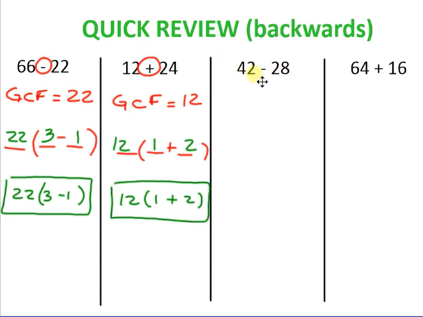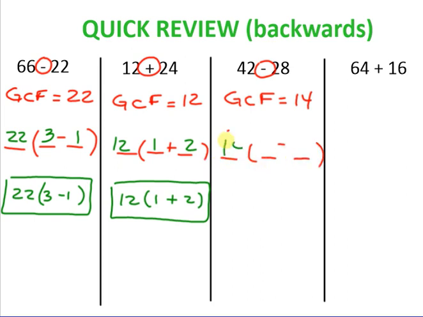All right. Let's take a look at our next one. 42 minus 28. So we need to find our GCF. You would think it's 7, but it's actually not. It's going to be 14. And if we made our factor trees, we would see that. But since we're reviewing, I'll tell you it's 14. So I'm going to set up my forwards distributive property. My operation is subtraction, so that's what I'm going to put inside my parentheses.